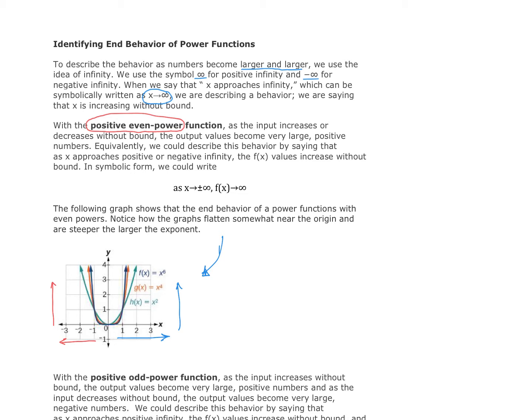So again, we say as x approaches infinity, the function approaches infinity, and as x approaches negative infinity, our function approaches infinity as well. So that's for an even power function. I like to think of that as up, up.